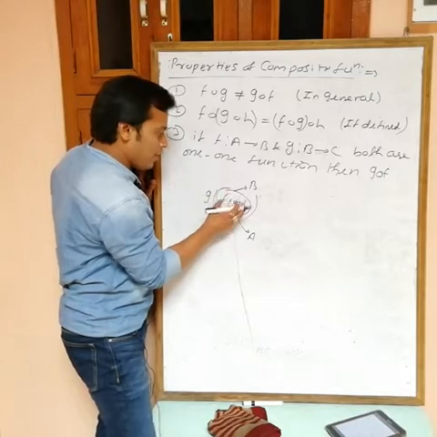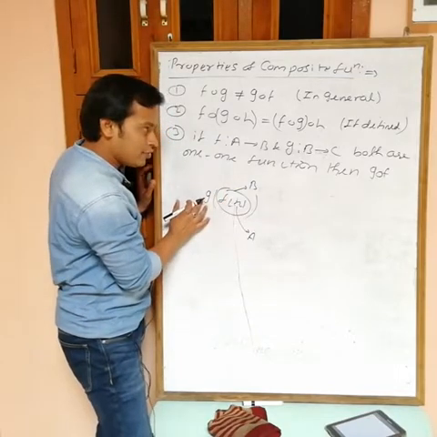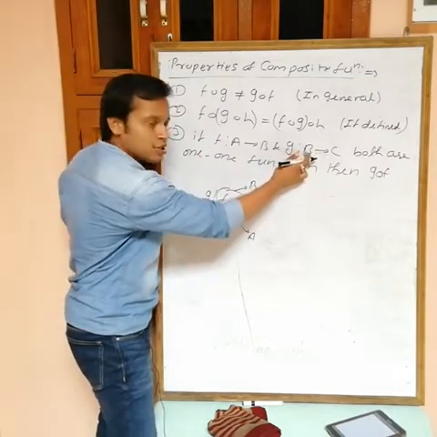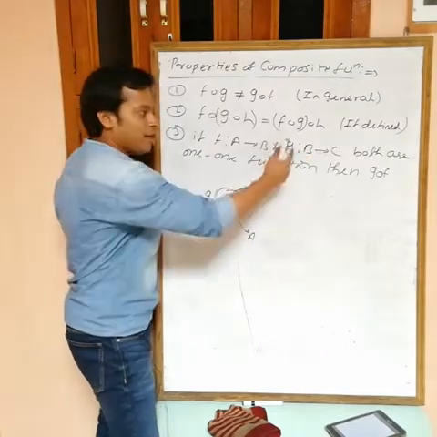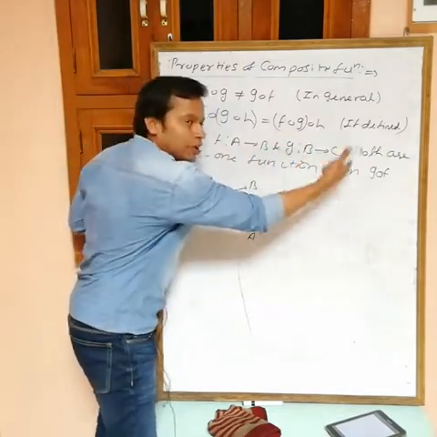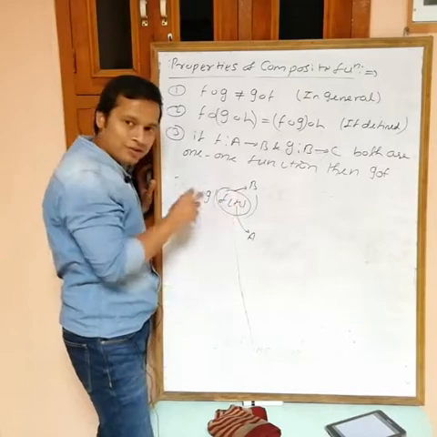Now any value from B, can g receive? Yes, domain of g is B. Because of that reason I am taking this one A to B and then this one B to C, such that g can receive this value.